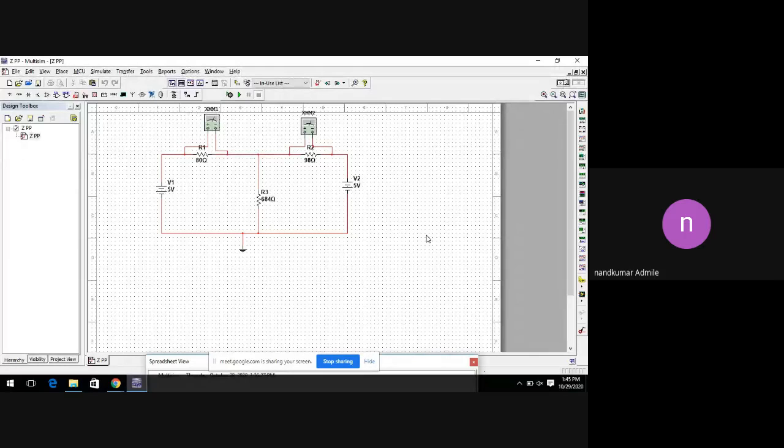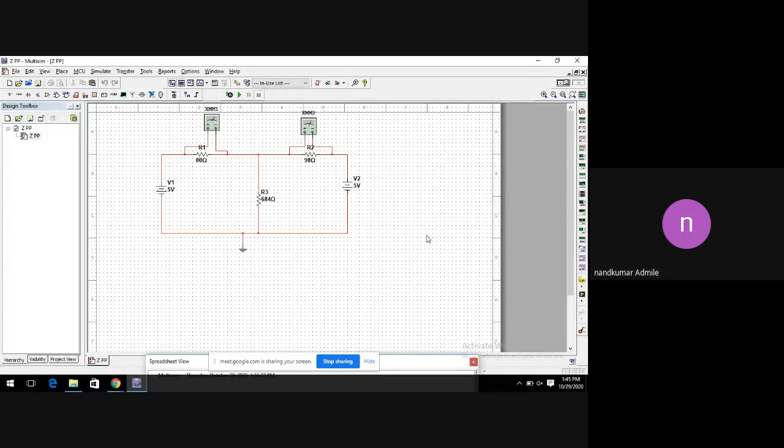Now, when we calculate the values of I2, we consider only the voltage source V2, and we make V1 an open circuit. So this is the condition for the Z parameter to calculate the values of I1 and I2.